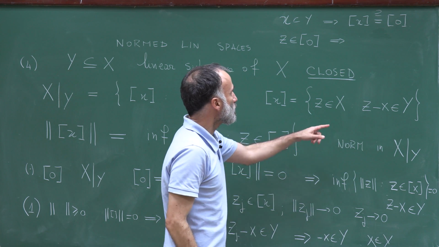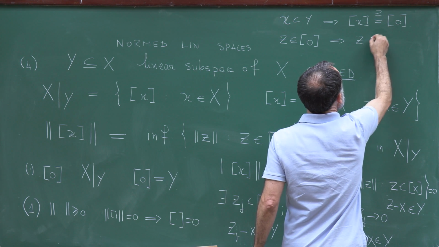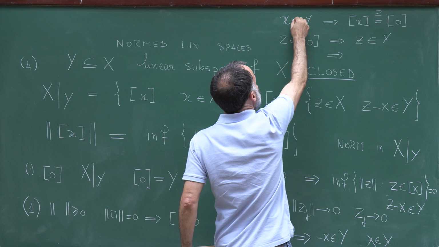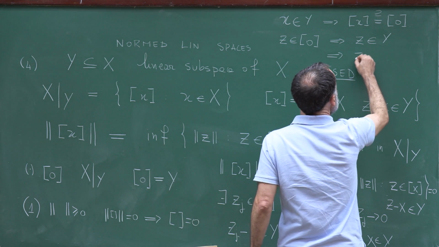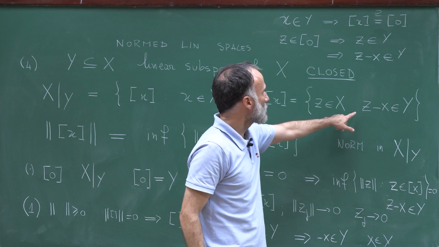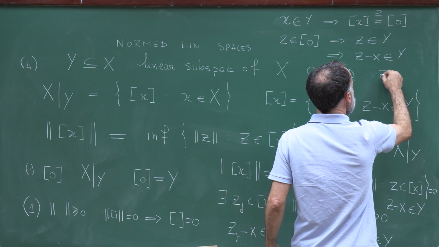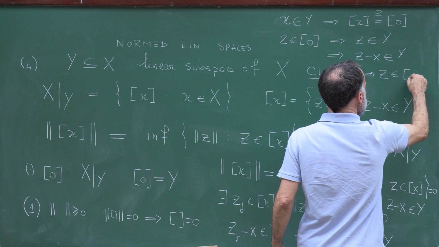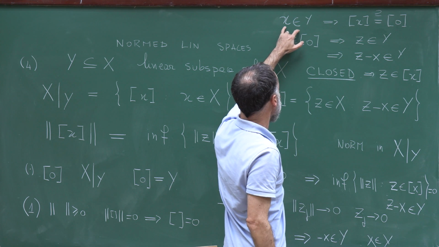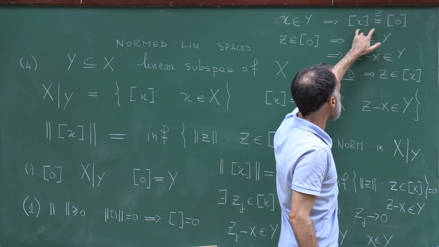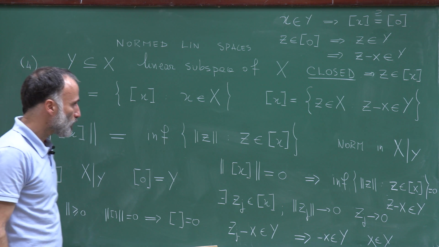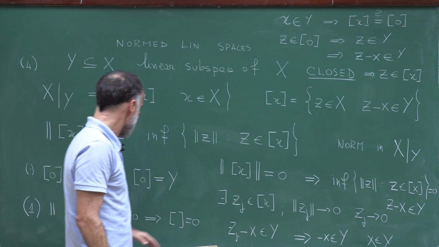By definition, this means that z belongs to Y. But now, since x belongs to Y and Y is a linear space, this means that z minus x belongs to Y. And z minus x belongs to Y means that z belongs to the equivalence class of x, which proves this implication. So if I have x an element of Y, then the equivalence class of x is actually equal to the equivalence class of 0. And therefore, we proved the first claim.